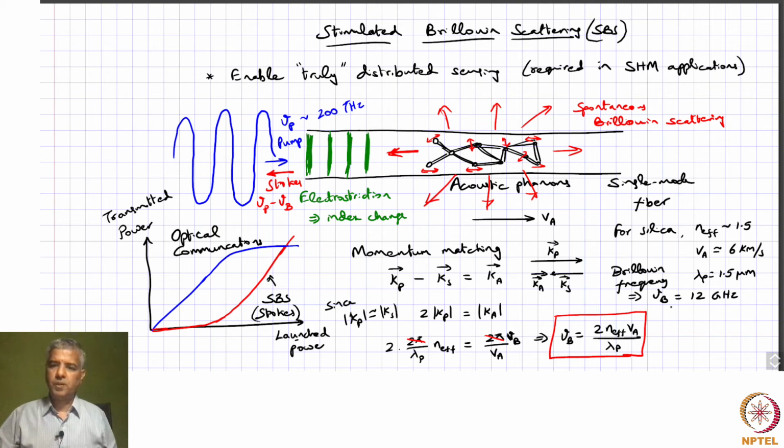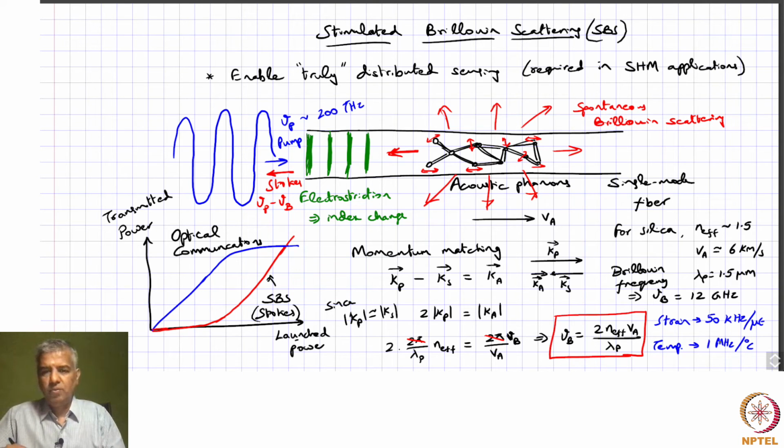With respect to strain, it shifts by 50 kilohertz per microstrain, and with respect to temperature it changes by 1 megahertz per degree centigrade. That is a very small shift, and that poses a major issue as far as picking up that small frequency change is concerned.